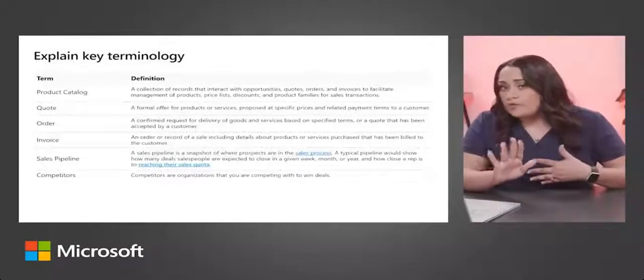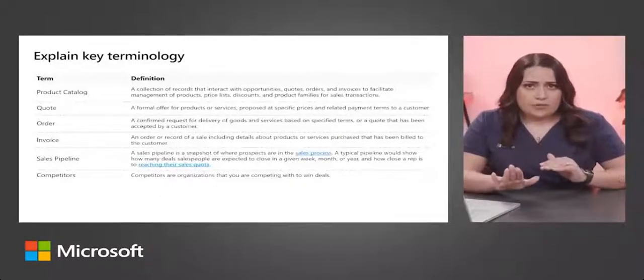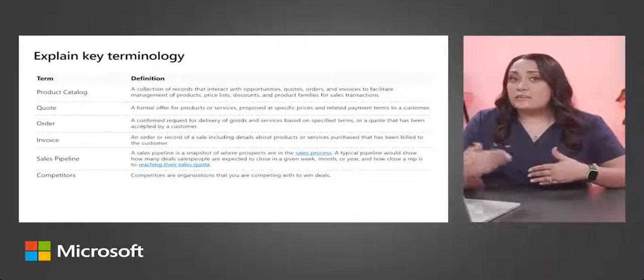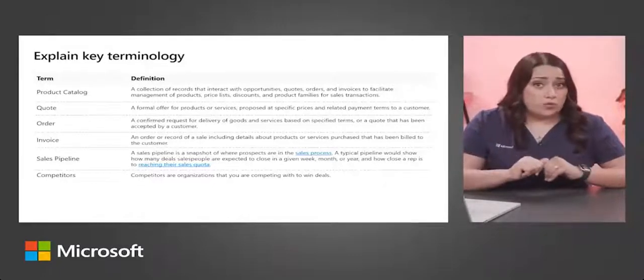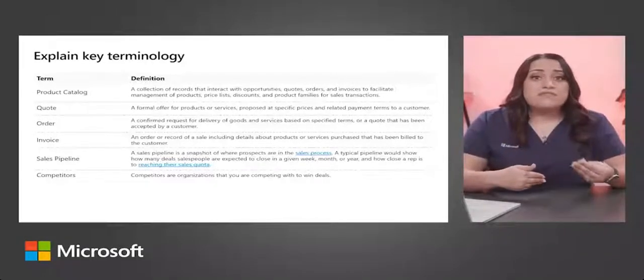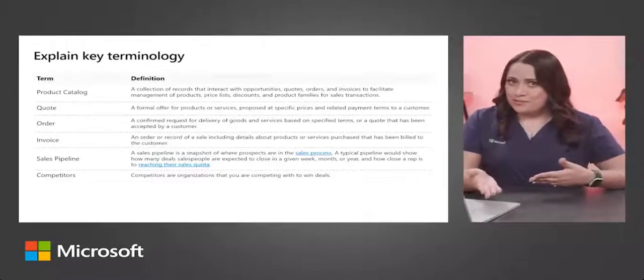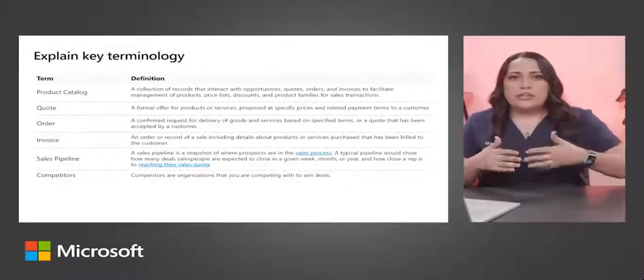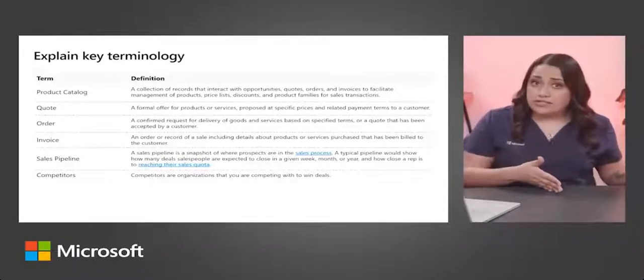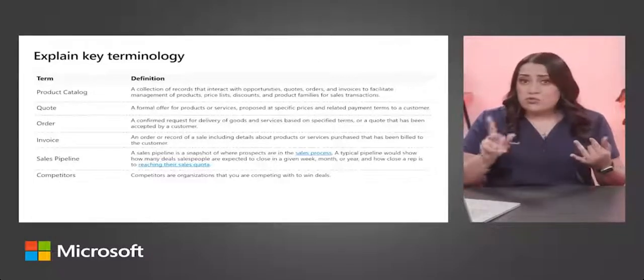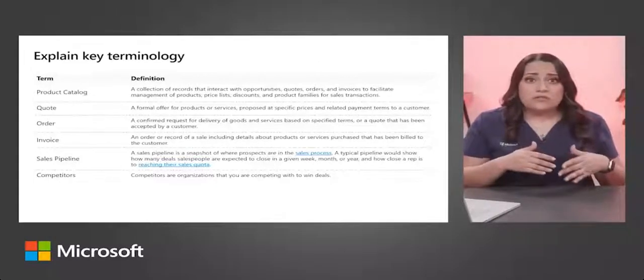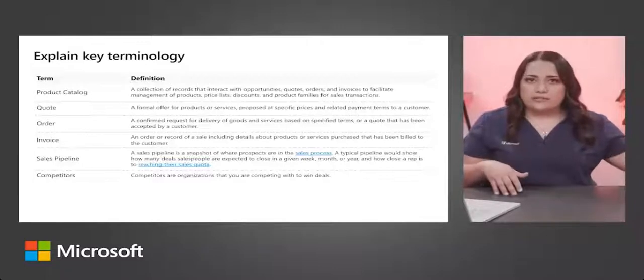And your sales team is going to take that opportunity and use the existing product catalog, which we discussed in Module 1, to develop a quote for your potential customers. And this is what we usually see as the first step in that proposed stage. This usually is going to include any discounts or any type of pre-negotiated rates.